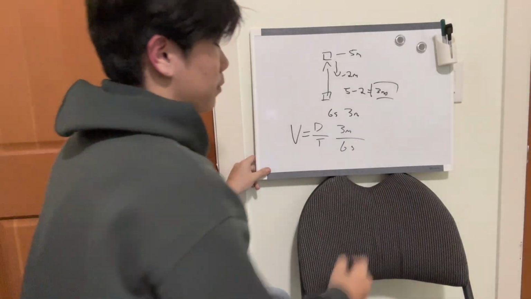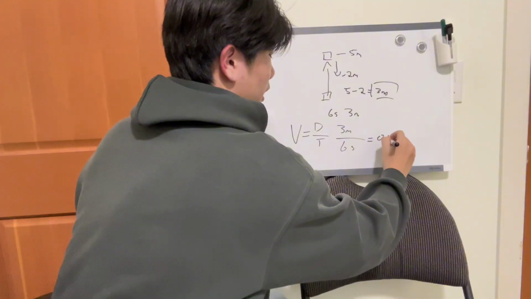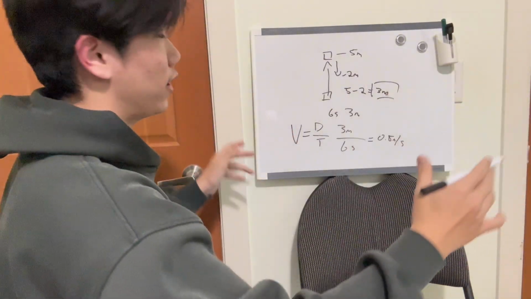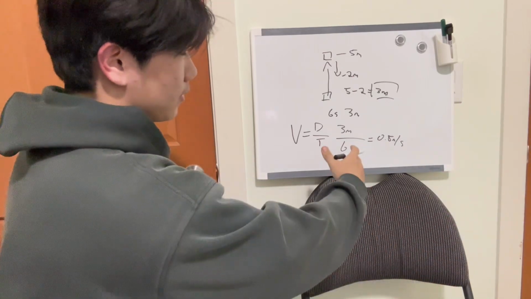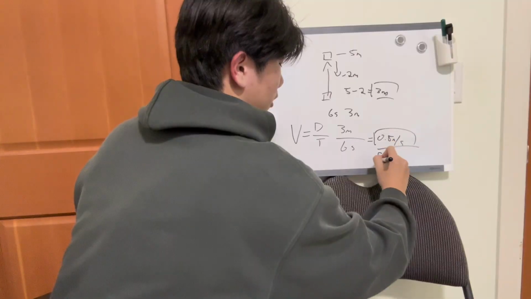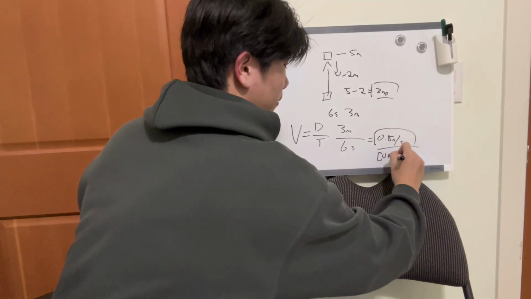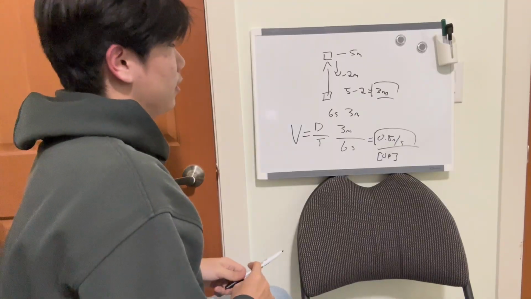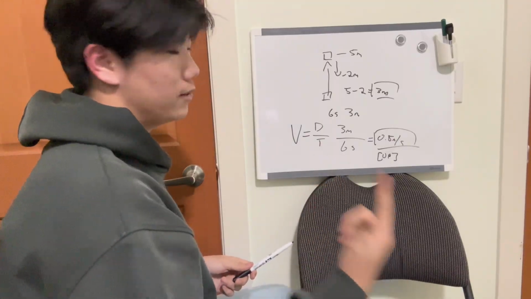Again, it is going to be 0.5 meters per second. And this time, instead of left or right or west or east, it's going upwards. So this is my total answer. It's going up. You could also say north. I chose up for this, but always remember direction and magnitude.